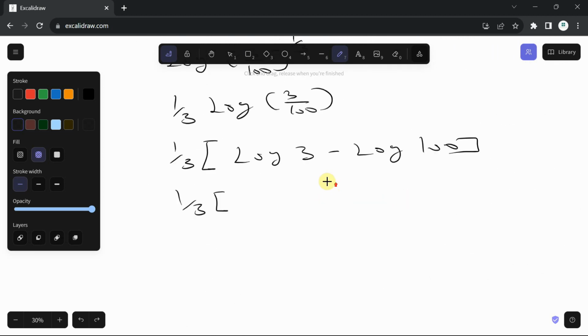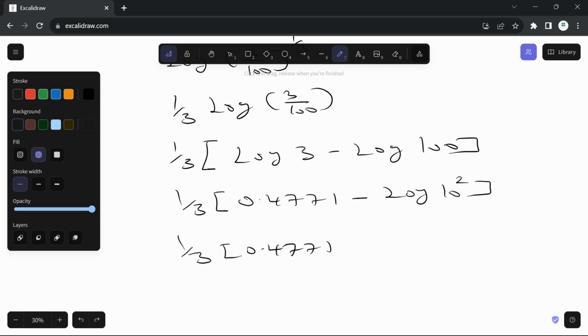0.4771. So that is 0.4771 minus our log 100, which can be written as log 10 squared. So I could say this is 1 over 3, 0.4771 minus, I could bring this 2 down, that's 2 log 10. I know log 10 is equal to 1, right?